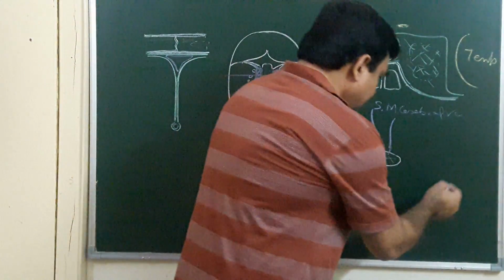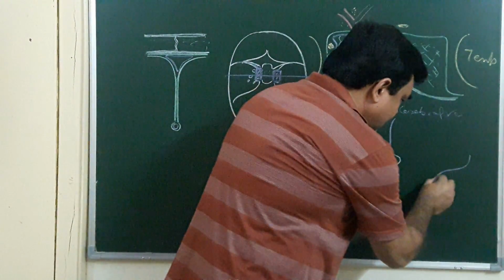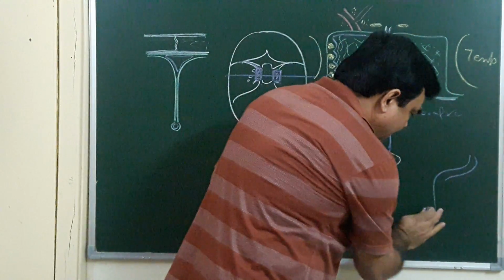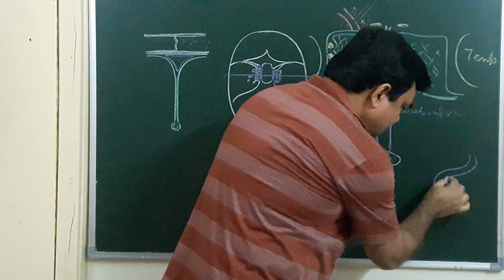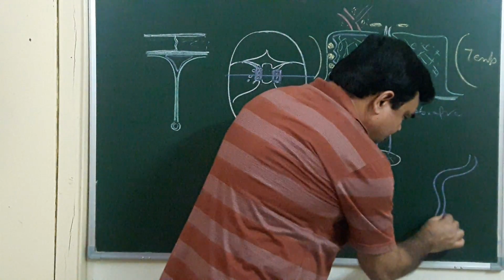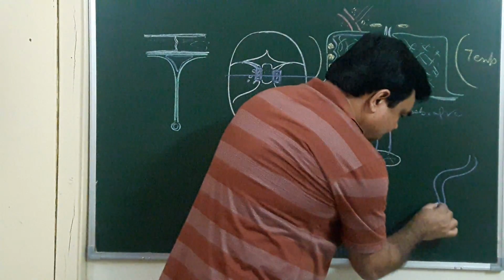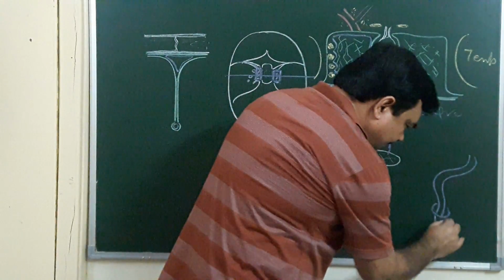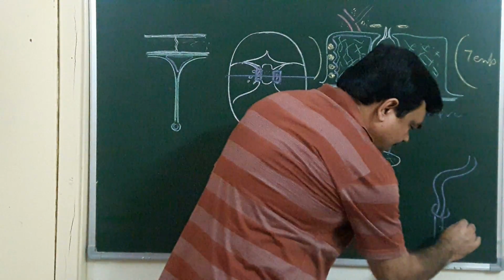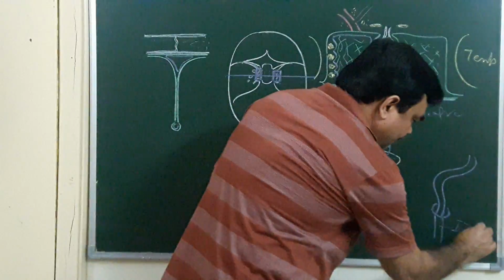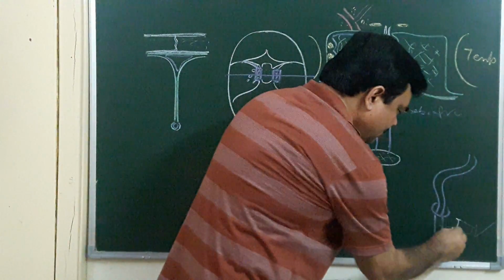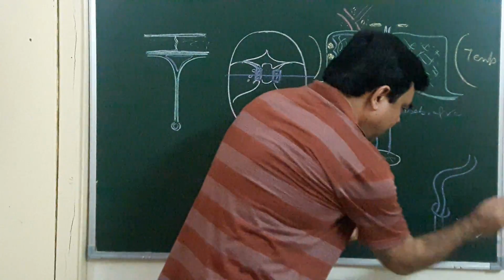From here there is the transverse sinus and the sigmoid sinus. This is the sigmoid sinus, and here is the jugular foramen, after which this sinus becomes the internal jugular vein.